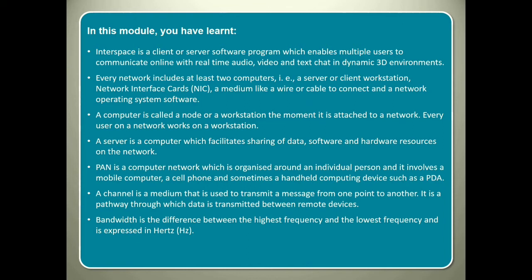Every user on a network works on a workstation. A server is a computer which facilitates sharing of data, software, and hardware resources on the network. PAN is a computer network which is organized around an individual person, and it involves a mobile computer, a cell phone, and sometimes a handheld computing device such as a PDA.